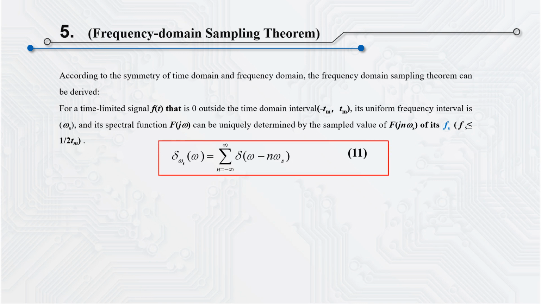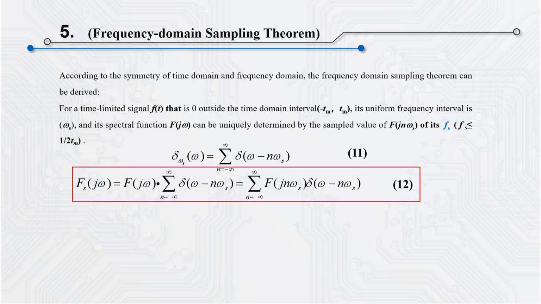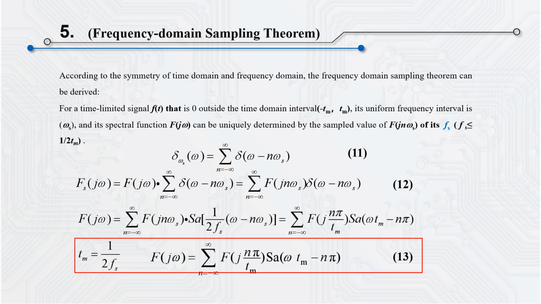Formula 11 represents its impulse sequence in frequency domain sampling. After sampling in the frequency domain, we can get Fs(jω) by multiplying its original frequency spectrum F(jω) with the sampling pulse δω(t). Then we can get formula 12. According to the same method, F(jω) can be further expressed by formula 12.